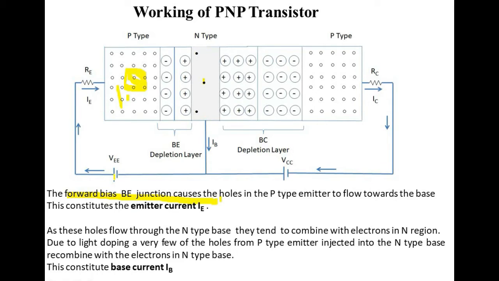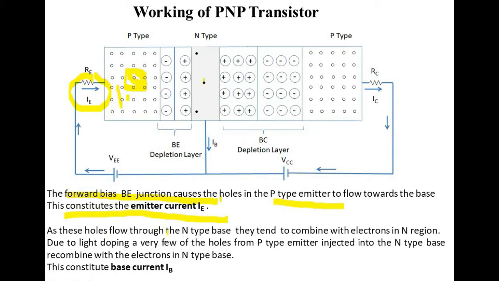This terminal is also positive, so this positive terminal will push holes to move towards the base. That is why we say that the forward biased emitter base junction causes the holes in the P-type emitter to flow towards the base, and because charge is now flowing, at this terminal we get the emitter current IE.